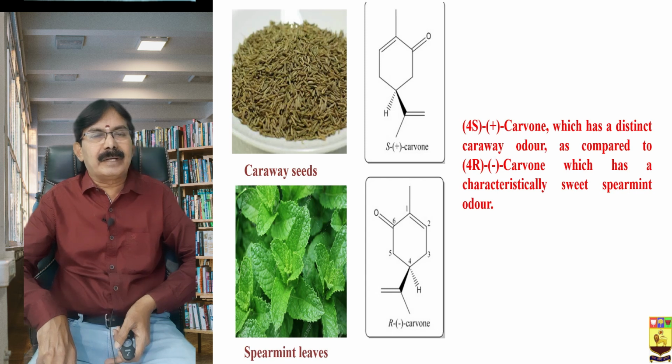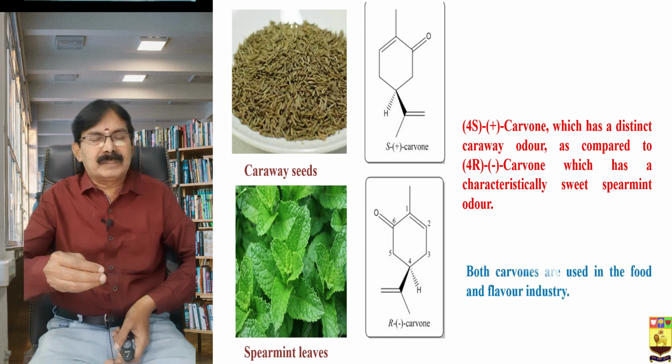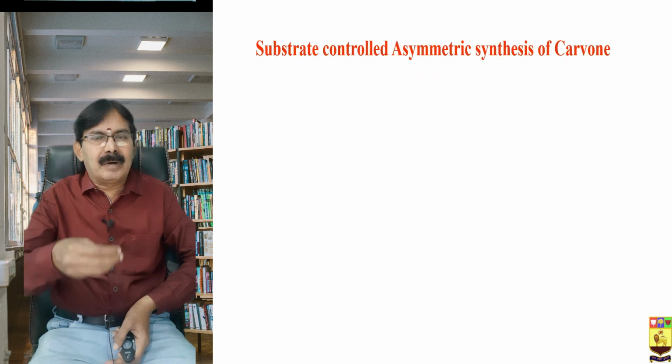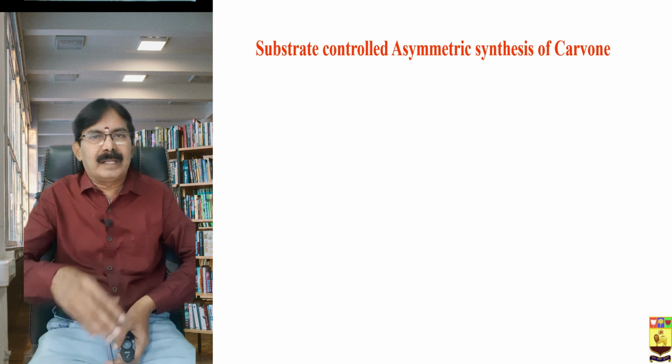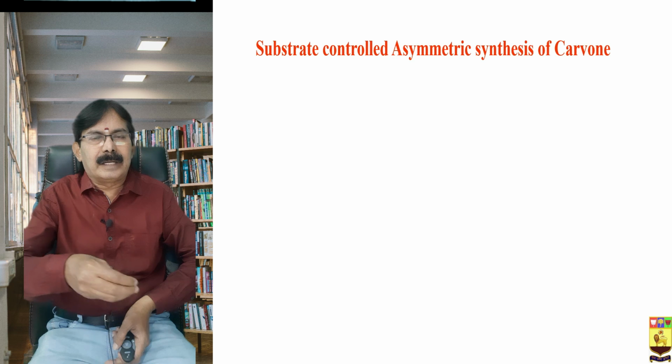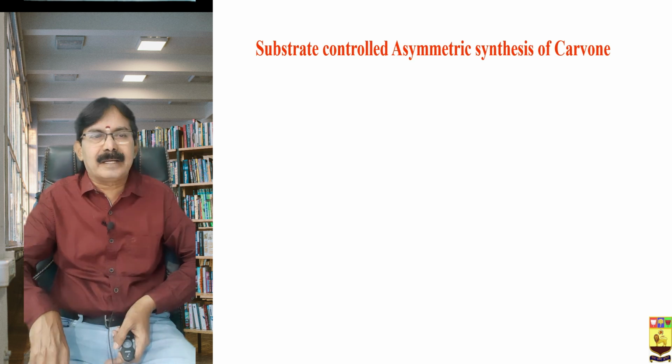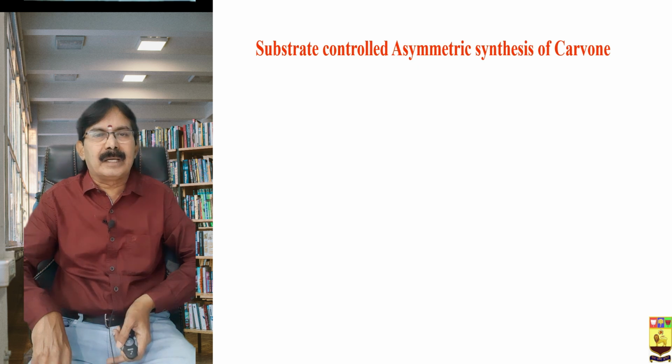So here this carvone can be prepared by the methods we discussed in part 1: the substrate controlled, the auxiliary controlled, the catalyst controlled, and so on. Here it's a substrate controlled asymmetric synthesis of carvone.